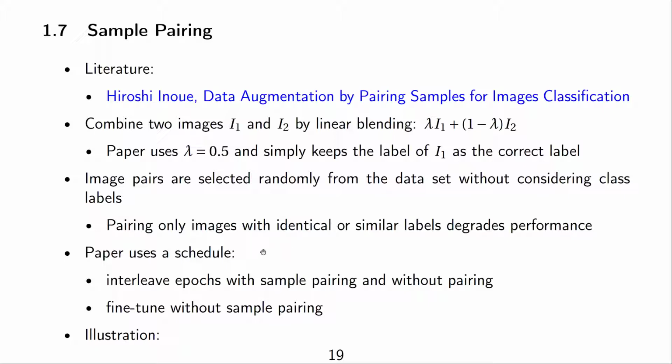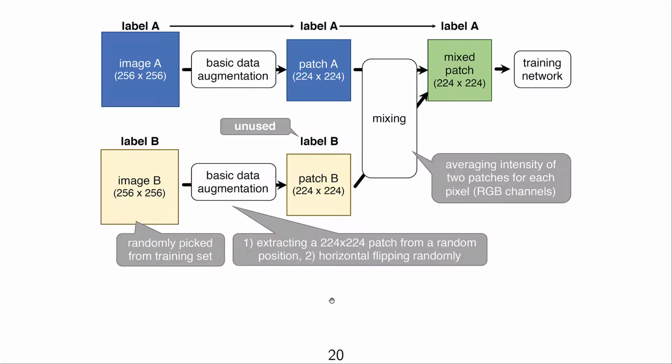Now, the paper also proposes a schedule where they interleave epochs with sample pairing and without sample pairing. And at the end, they fine-tune without sample pairing. Here's an illustration of the pipeline. Two images A and B are selected from the training dataset. Both of these images undergo basic data augmentation. What is this basic data augmentation?